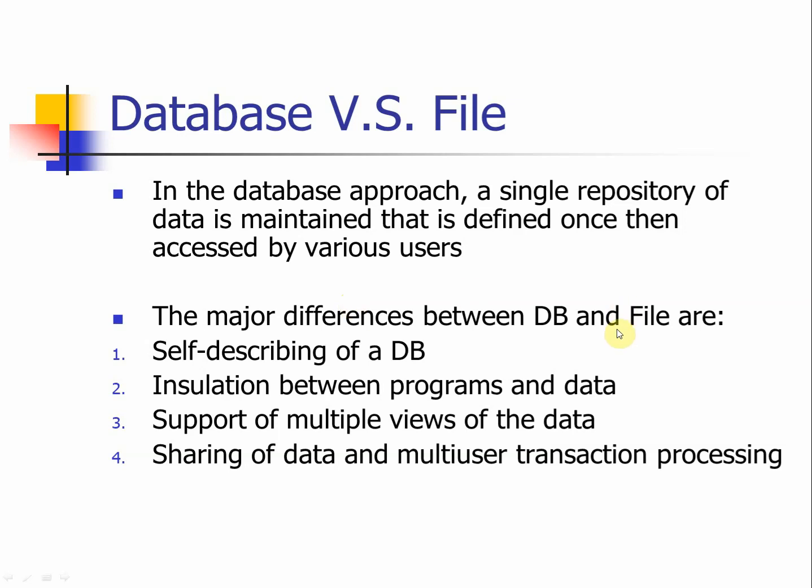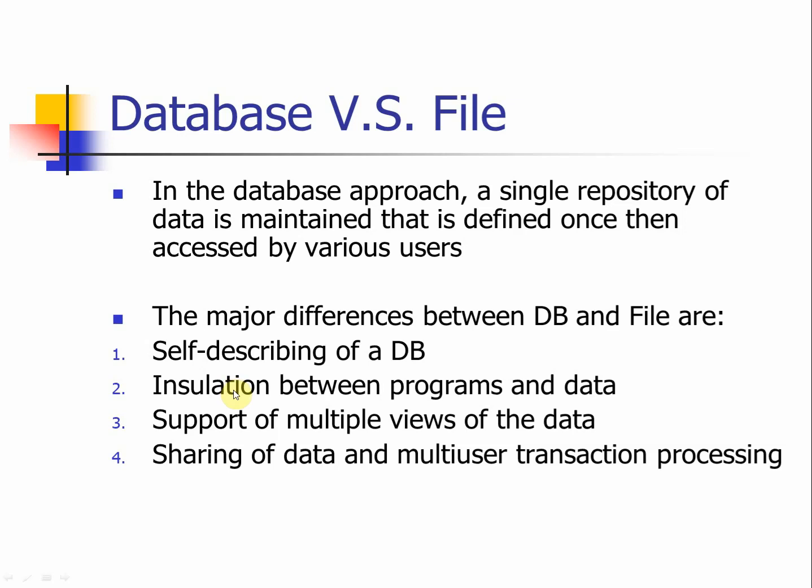A file can be considered like an Excel sheet that you created, where you put something, and it is not connected with any other Excel sheets or programs. So what makes the database a database? First of all, it needs to be self-describing, which is the metadata that we discussed earlier.